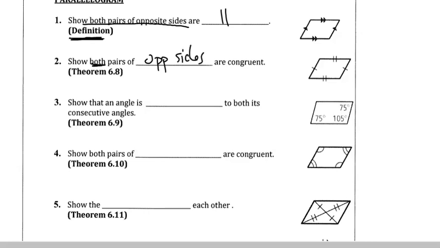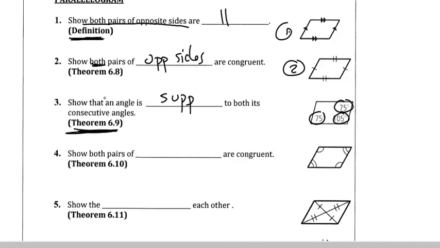Notice they have the word both. It can't just be one pair of opposite sides. So this would be enough to show that it's a parallelogram. On here, show that an angle is supplementary to both of its consecutive angles. Show that that's sup to that and sup to that. And once you are there, then it's a parallelogram.